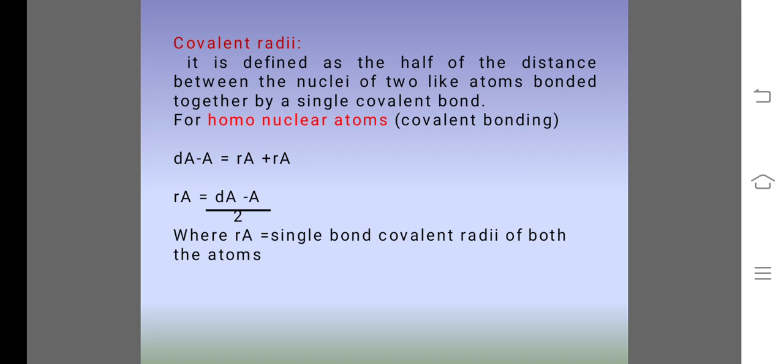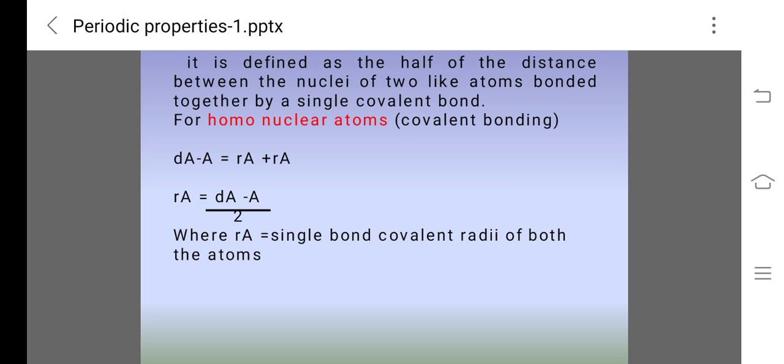Then the distance between the centers of the nuclei of the two atoms is Ra plus Ra, that is the radius of the first A atom plus the radius of the second A atom. Then Ra is nothing but the distance between two nuclei divided by 2, where Ra is the single bond covalent radii of the atom.